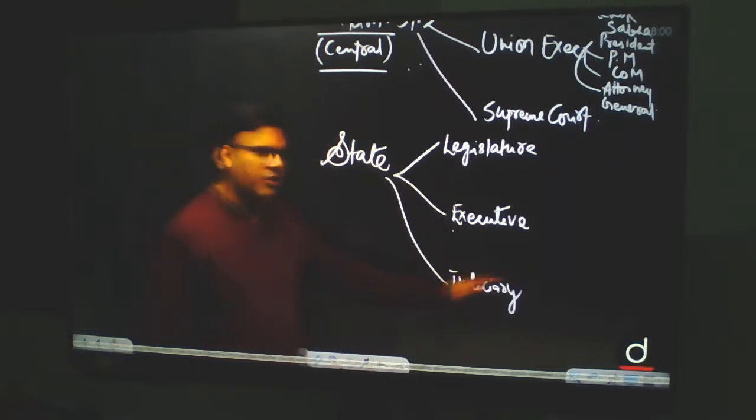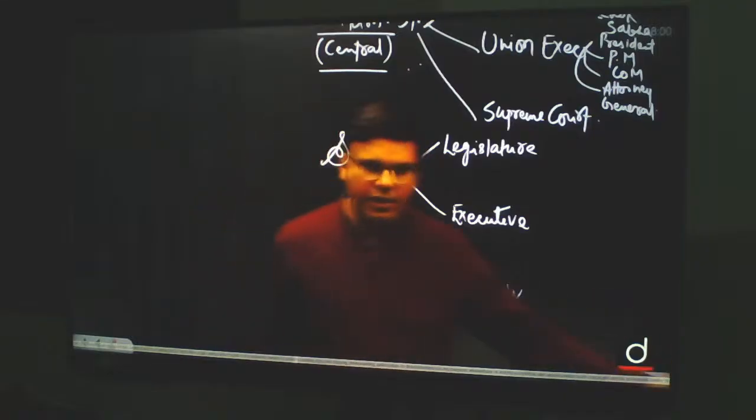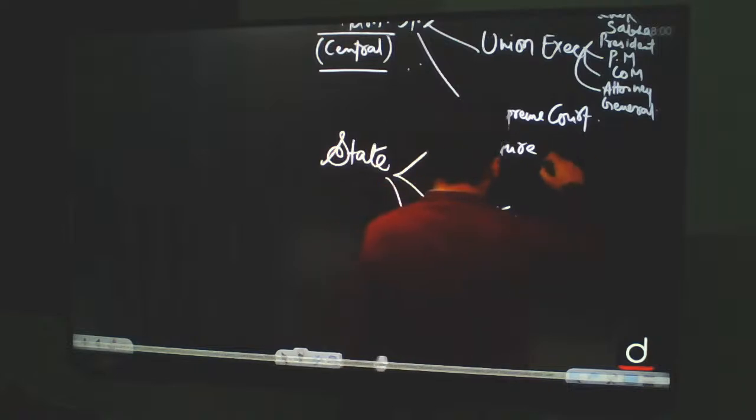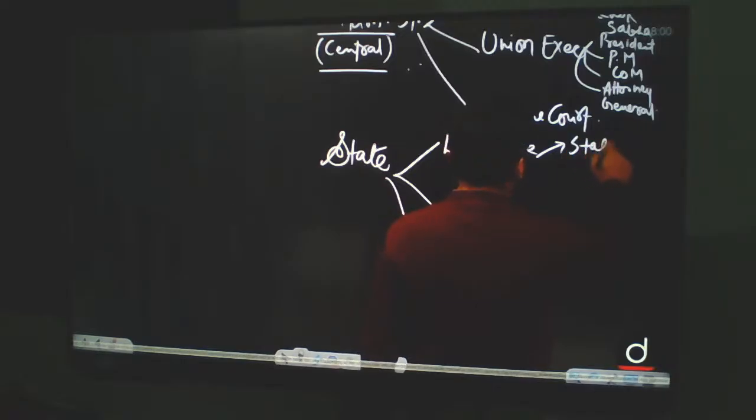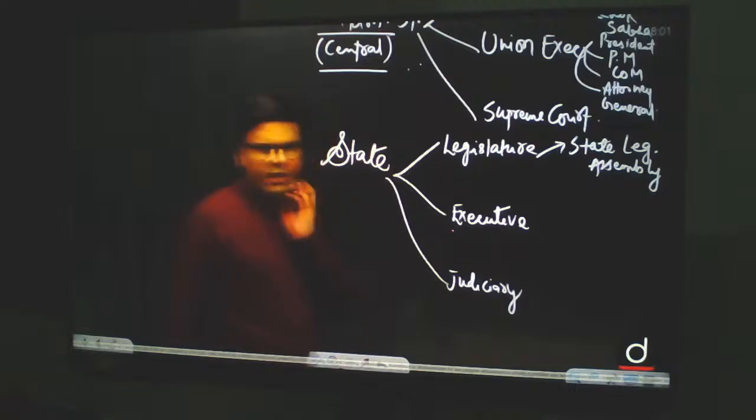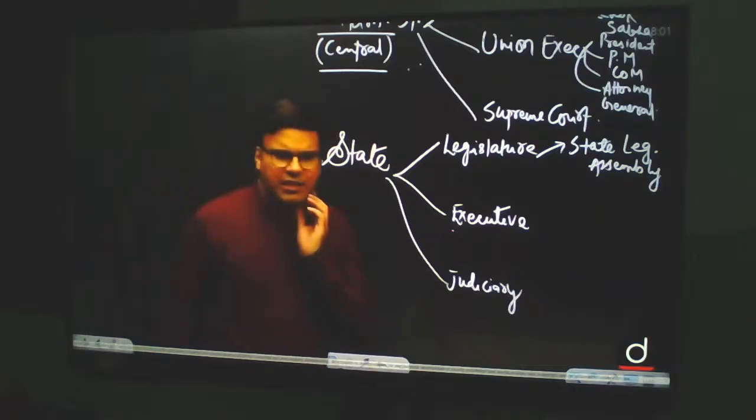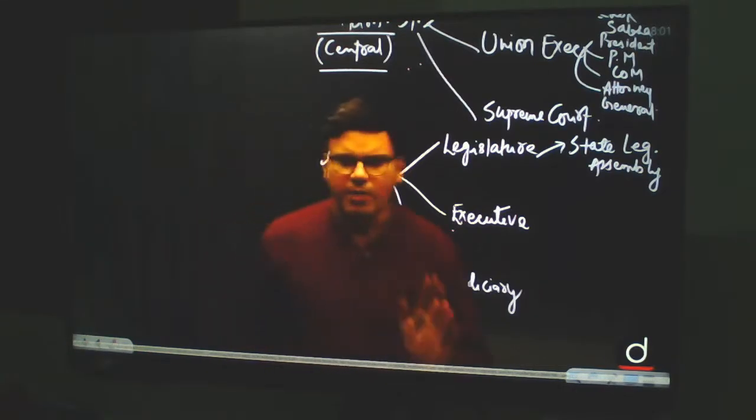So state level judiciary में क्या देखते हैं? High courts and lower courts. Legislature में bulk of the state is what they have. इसको आप कहते हैं state विधान सभा, which means state legislative assembly. तो यही एकमात्र हाउस होता है. मैक्सिमम स्टेट के पास यही एक हाउस है, उसी से सब काम होता है.